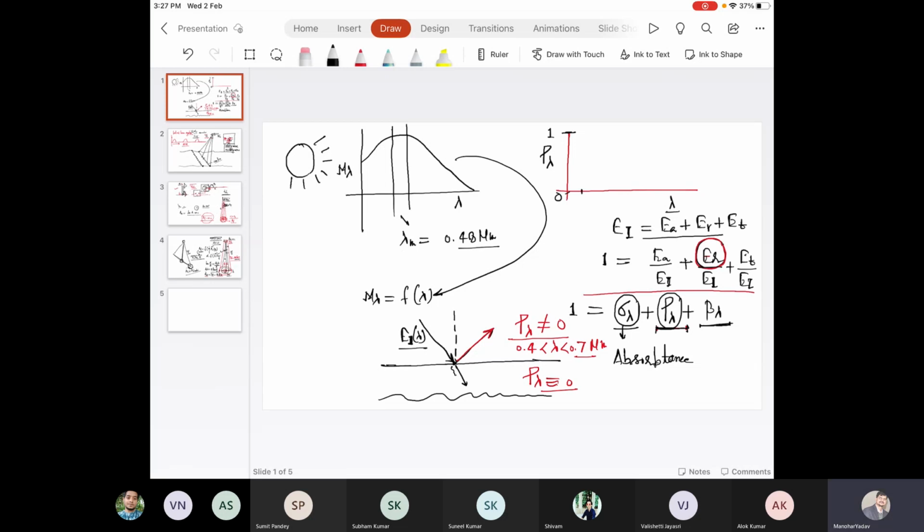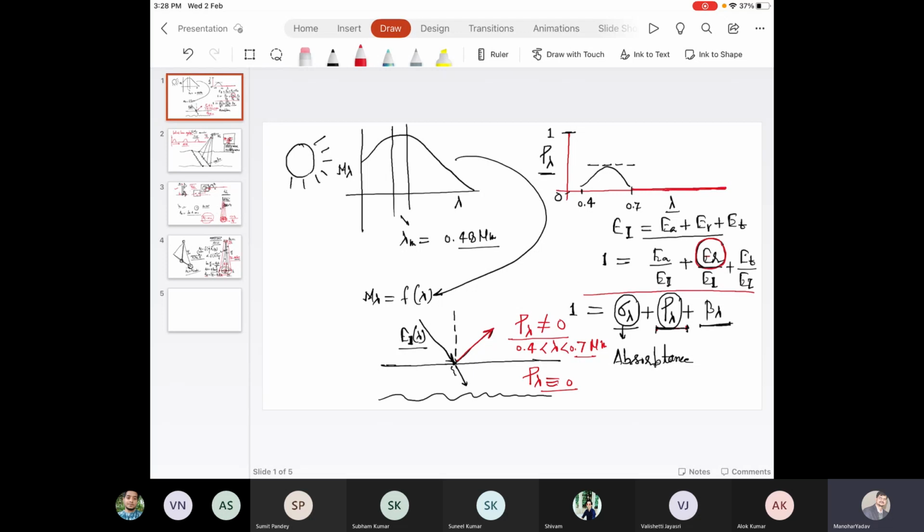Let's say somewhere we have 0.4 and 0.7. Only within this, around 20%, so you can see 0.2, is reflected back. So this rho lambda will have a value more than 0 between 0.4 and 0.7 micrometer, while for the rest it is equal to 0 for higher wavelengths.